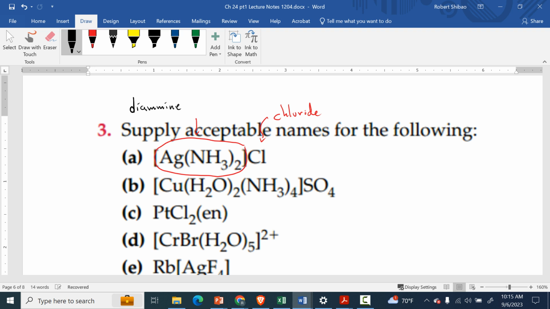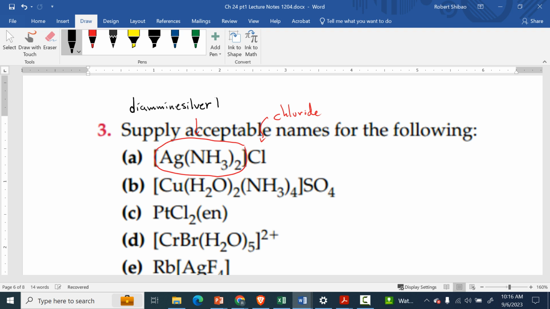Is this an anion or cation or neutral? If it's cation or neutral, then we just leave the metal as is. If it's an anion, then we change it. The whole thing has to be an anion, not the metal. And so we're just going to leave it silver. The charge on silver? Well, ammonias are neutral, and chloride's -1. Therefore, silver must be +1.